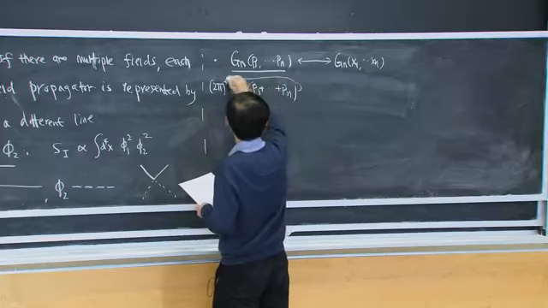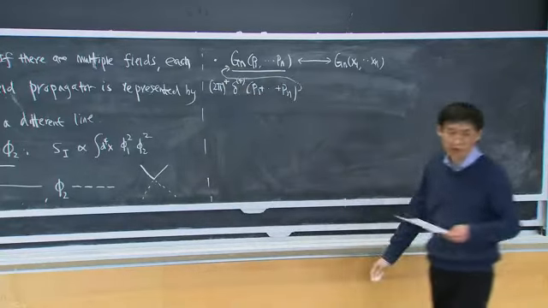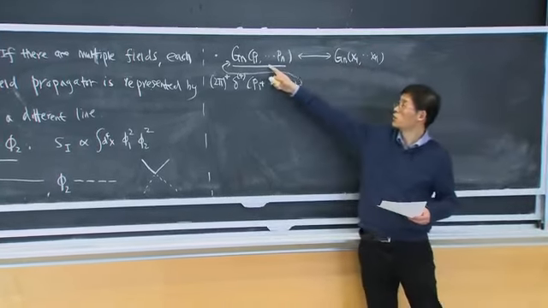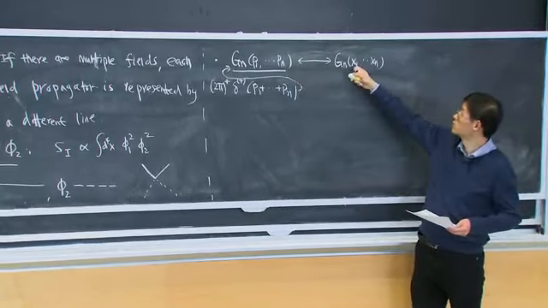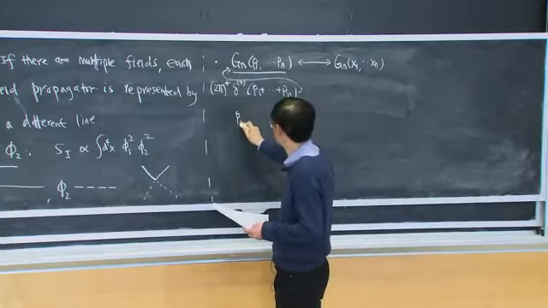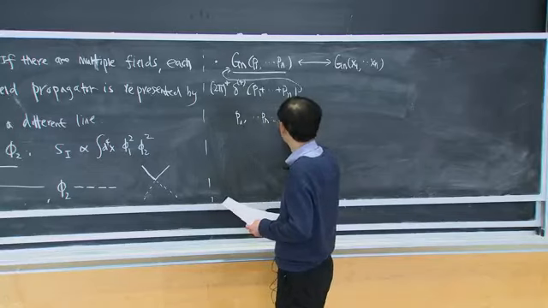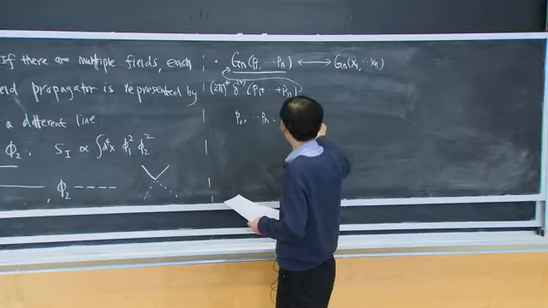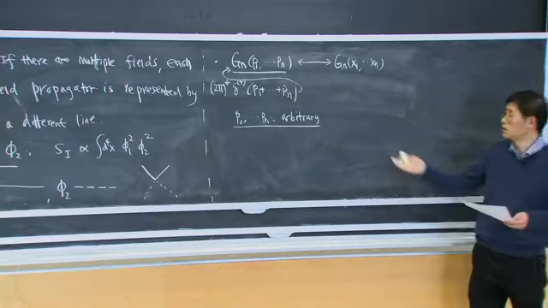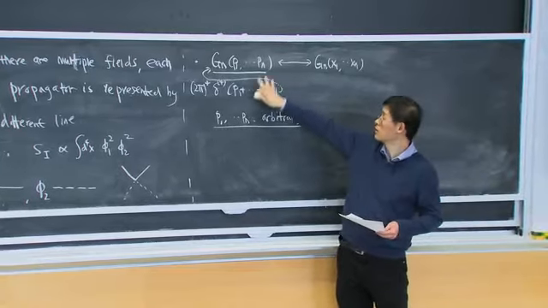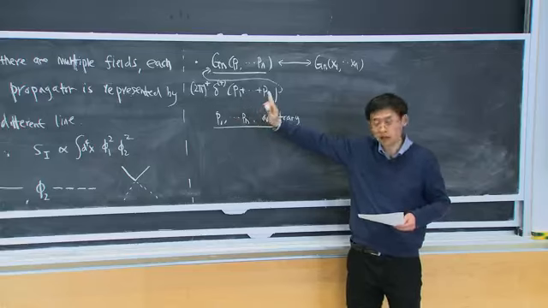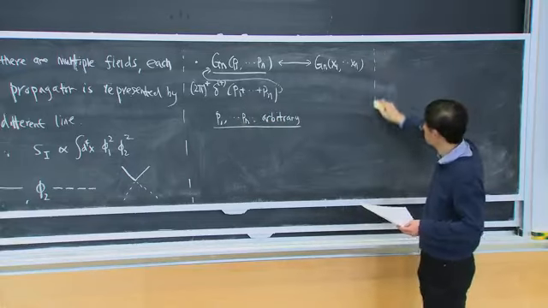When you do the Fourier transform, P1 to Pn just come from the Fourier transform corresponding to momentum for x1 to xn. So here the P1 to Pn are just arbitrary. They don't have to satisfy any on-shell condition. They're just arbitrary momenta, and the only constraint is that this is non-vanishing only when the sum of them is equal to 0. Otherwise, they can be arbitrary.